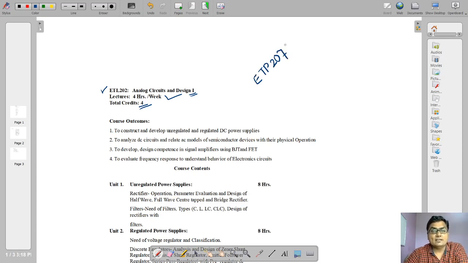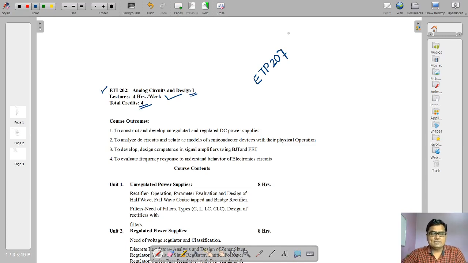So ACD1 lectures has course code ETL 202, whereas ACD1 practical has course code ETP 207. There also you will have 2 hours of practical per week. Your whole class is divided into 4 batches. Hence, one batch will perform a practical for ACD1 once in a week. So practical hours are 2. Your batch will come for the ACD1 practical for 2 hours in a week.